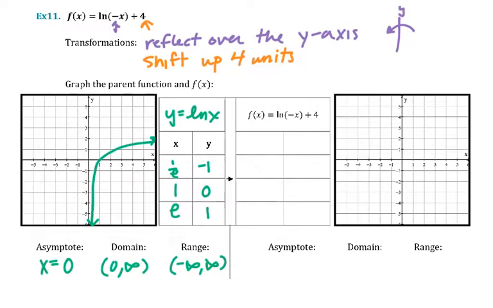So my ordered pairs, that's going to negate my x's, and we're going to add 4 to my y's. So negating my x's, I get negative 1 over e, negative 1, and negative e. And then taking my y values and adding 4 to them: -1 plus 4 is 3, 0 plus 4 is 4, and 1 plus 4 is 5.